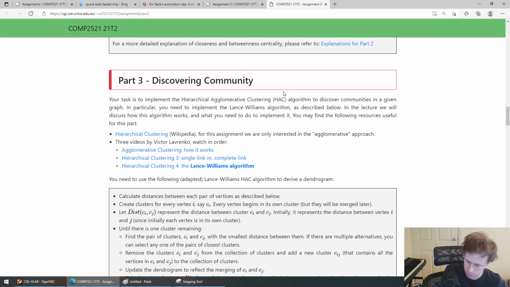Community and clustering is this idea of where things are dense, where things are close. If you're struggling to understand what they mean by community in this piece of text, it's like if you took Sydney and mapped everyone out as a node, every person, and then put an edge between people, you could find communities by looking where people are the closest together, where there are the most people close together in a given area.